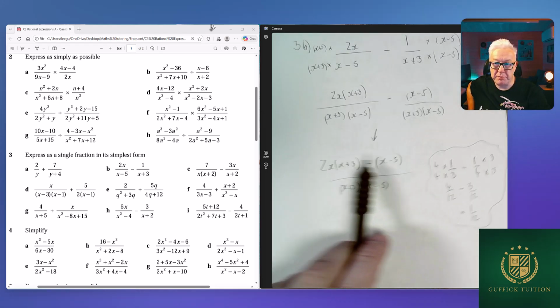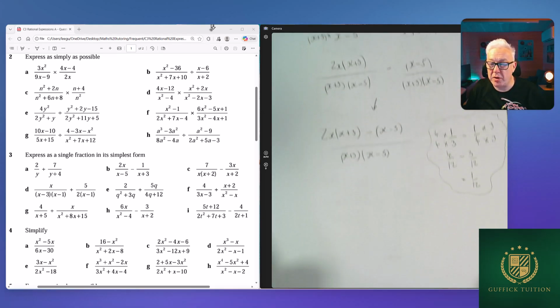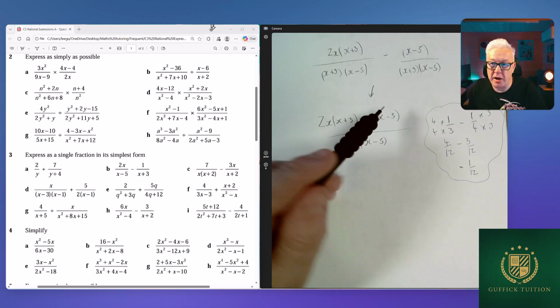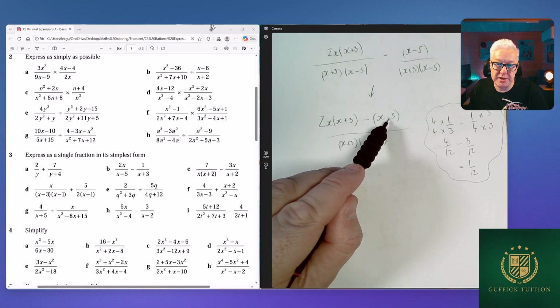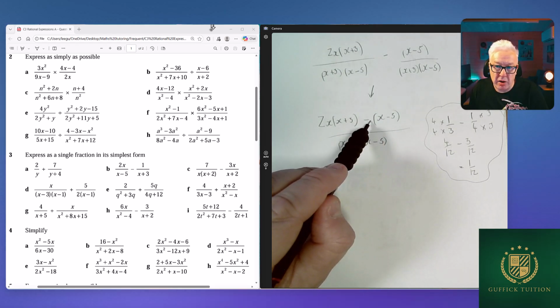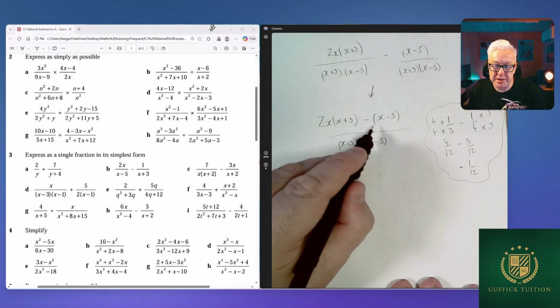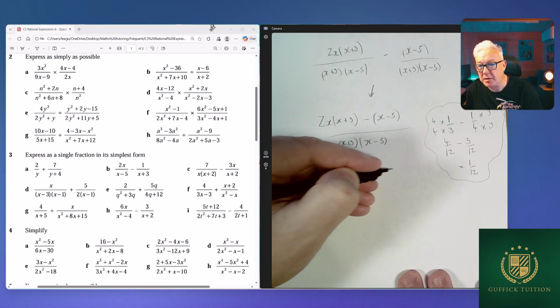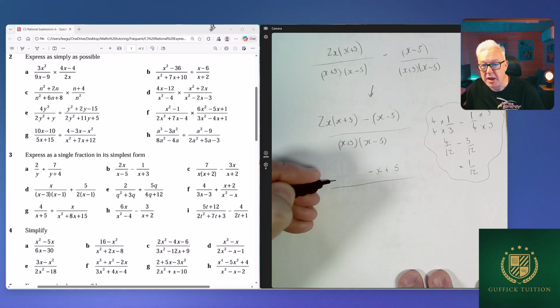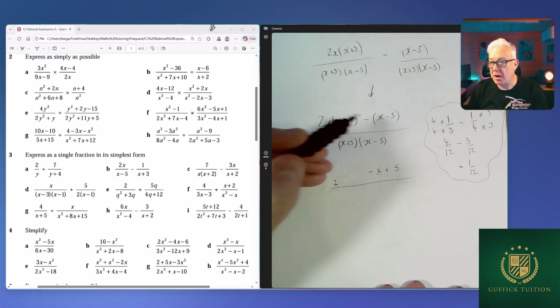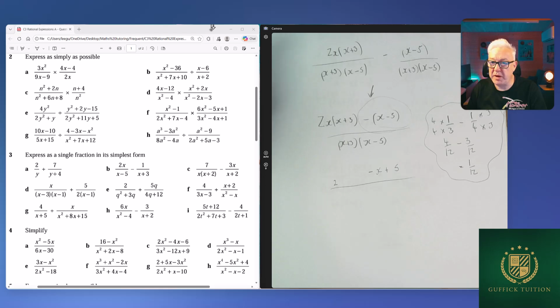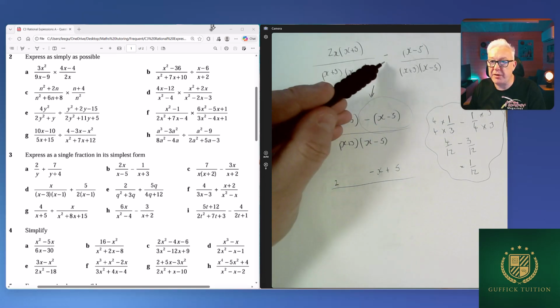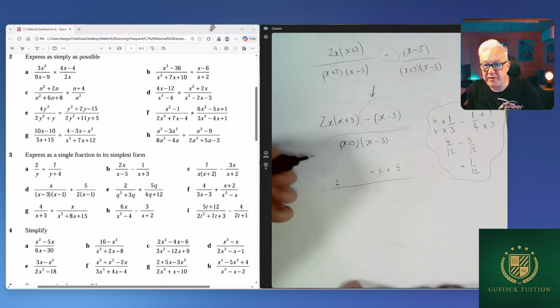If I had just combined that whole thing as a fraction without the bracket, the common error is that people would get the wrong sign here. Because now, when I remove that bracket, because there's a minus in front, it's actually going to go to minus x plus 5 there. Okay? And that is where people very, very often make a mistake. So be super careful about that. When you're combining fractions together and there's a minus, you do have to be very careful.